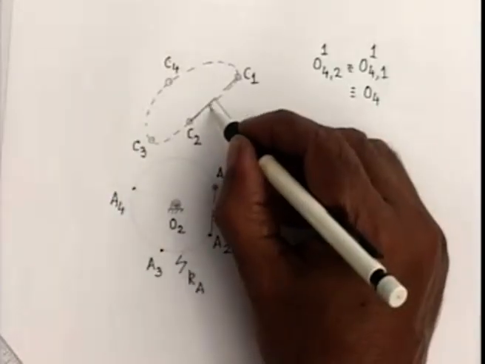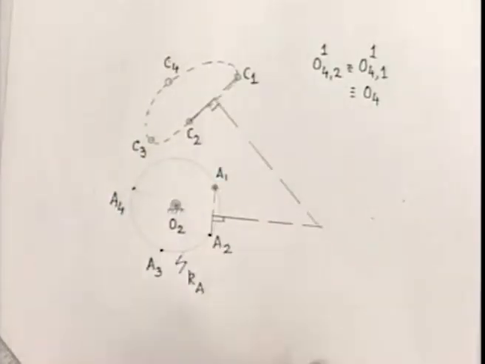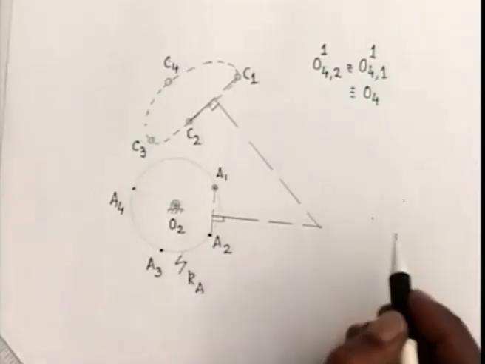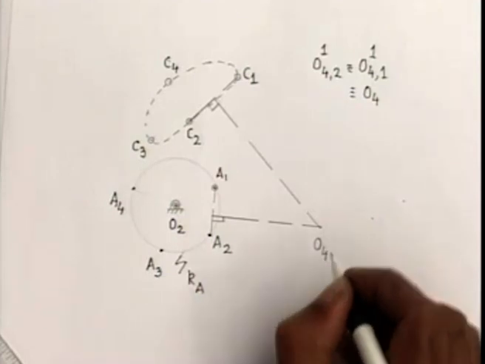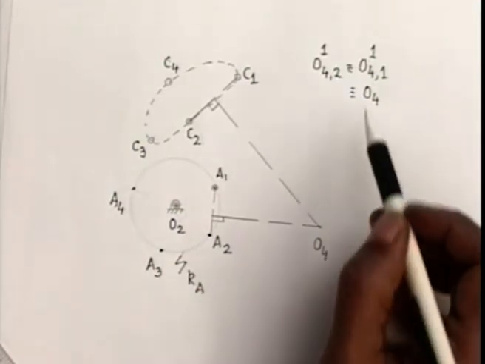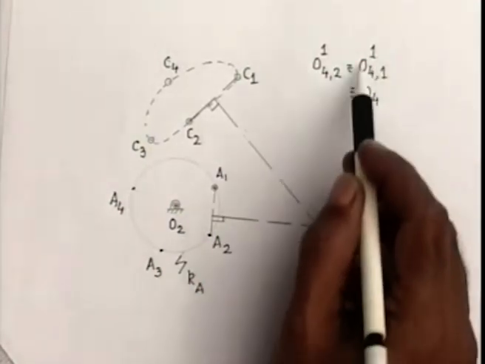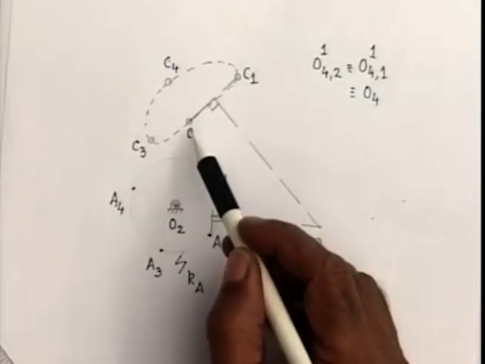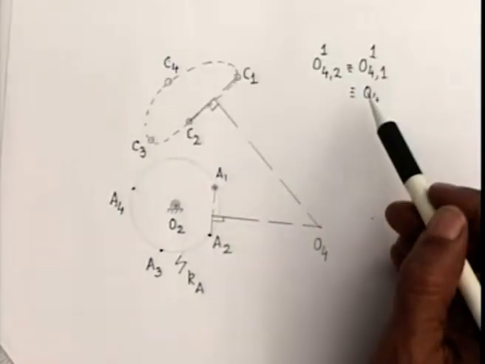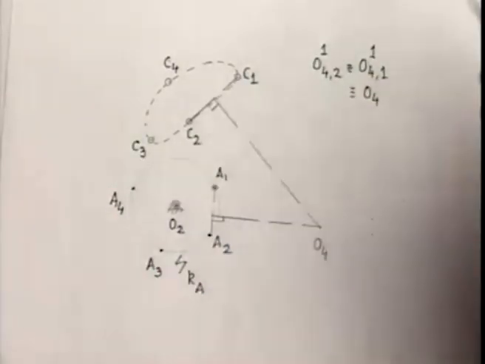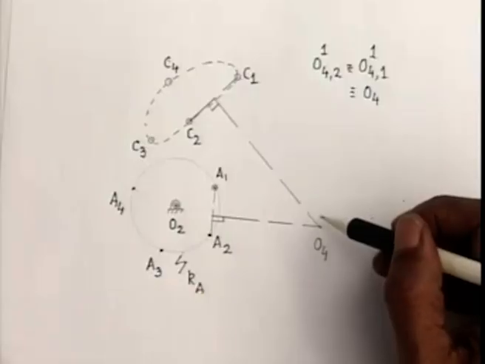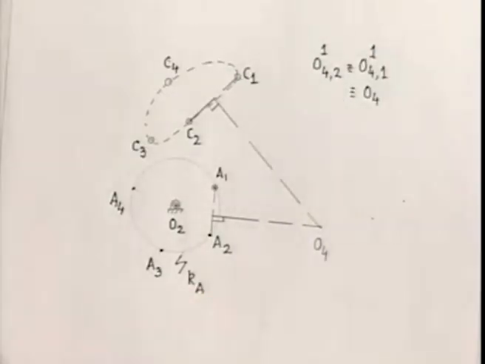This is the perpendicular bisector of C1, C2. These two straight lines meet at this point, and I choose my O4 at this location, which is same as O4,1,1. This will ensure that if the second position is inverted on the first position holding the link number 3, that is the coupler fixed, then O4,2,1 will also be here.